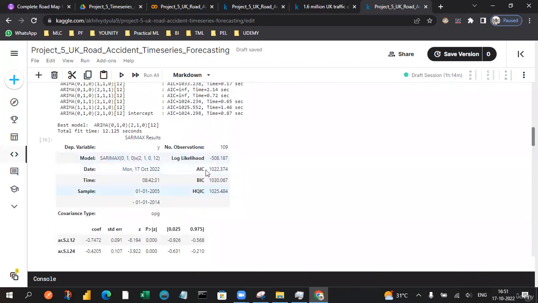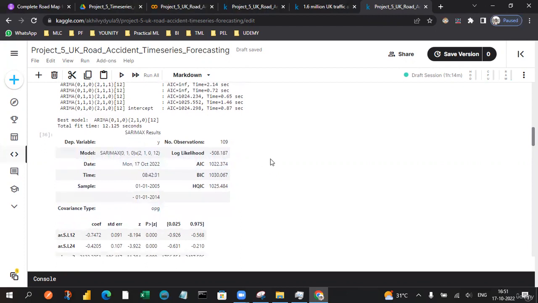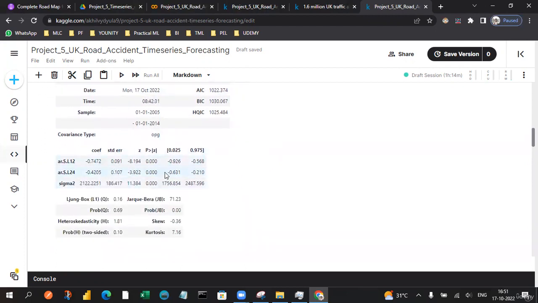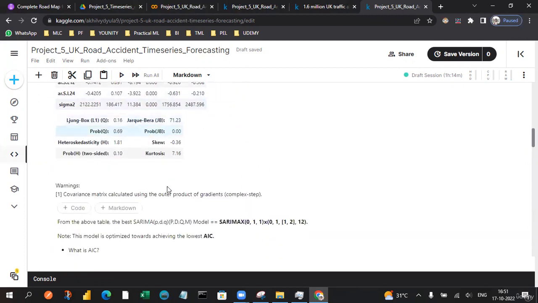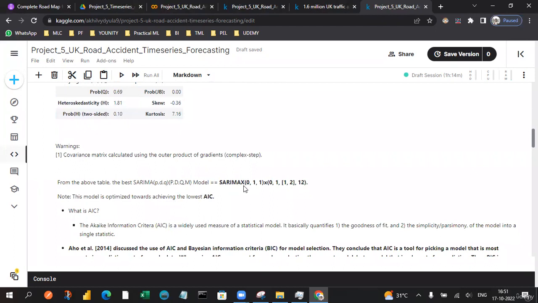So let's perform this evaluation with the different results we had. In these results, we see the values for the correlation matrix we had, with SARIMA orders such as 0, 1, and 1 comma 2 and also 1, 2.